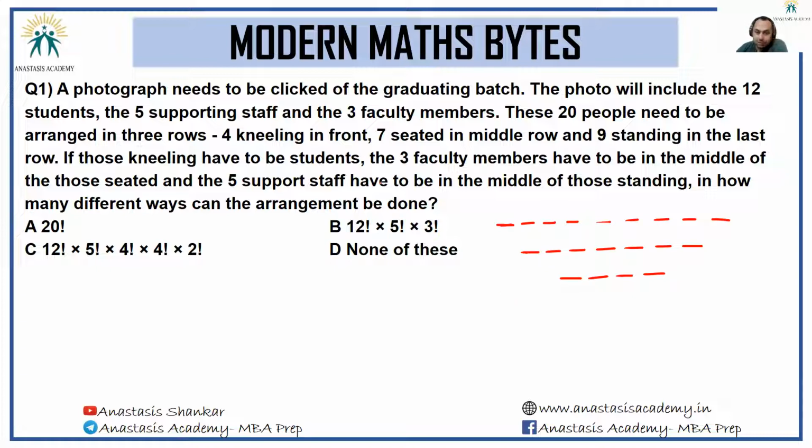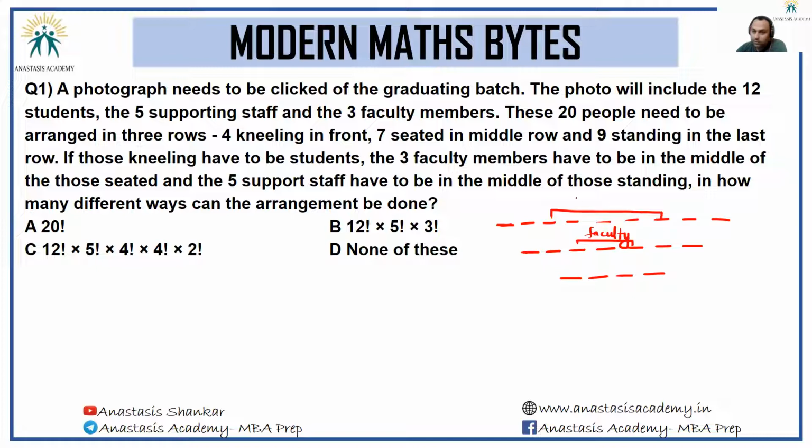If those kneeling have to be students, 3 faculty members have to be in the middle of those seated. 7 seated in the middle row, so these 3 are faculty members. And 5 support staff have to be in the middle of those standing. So 2, 1, 2, 1.